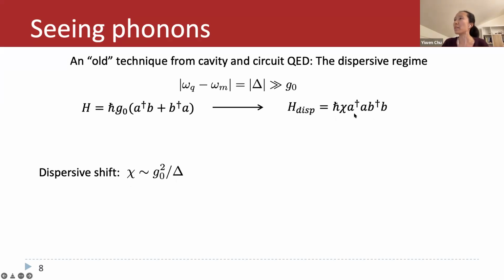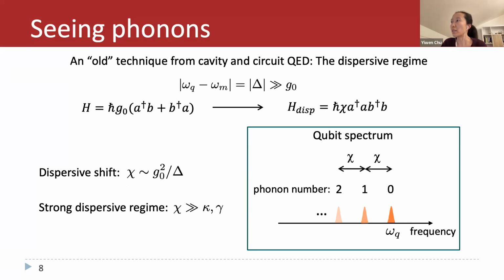What this says is essentially the following: every time you have an additional phonon in your system, the frequency of your qubit will shift by an amount chi. And if you're in what's called a strong dispersive regime, where the shift is much larger than the dissipation rates in the two systems, then you'll see something like the following.